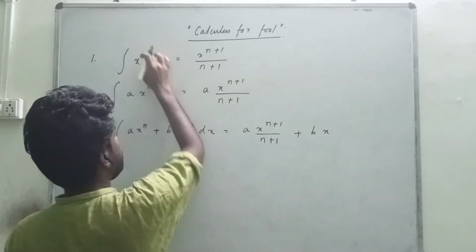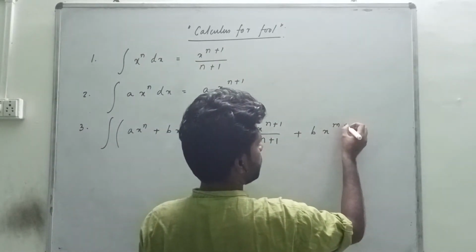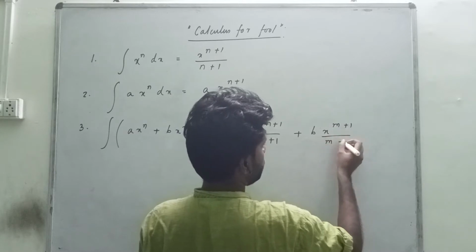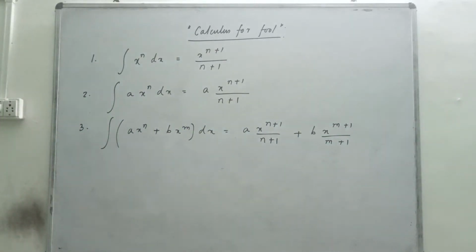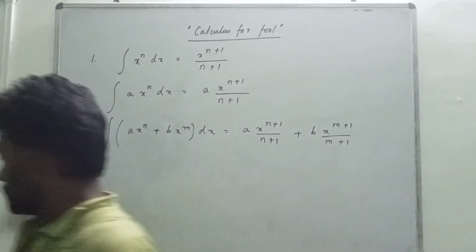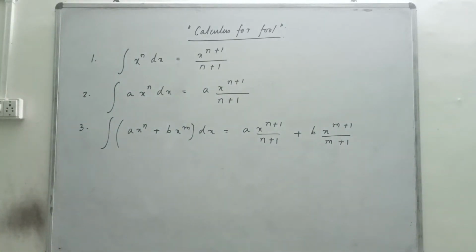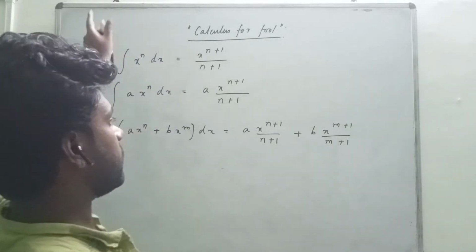Instead of n you use just m here, so x power m plus 1 by m plus 1. So these were our three formulas in the previous lecture. Now I'll introduce to you the geometrical significance, or the geometrical meaning, of the integral sum.